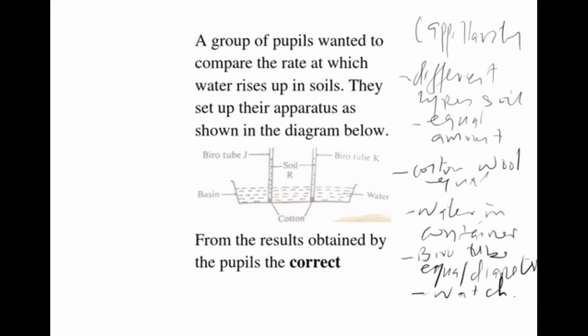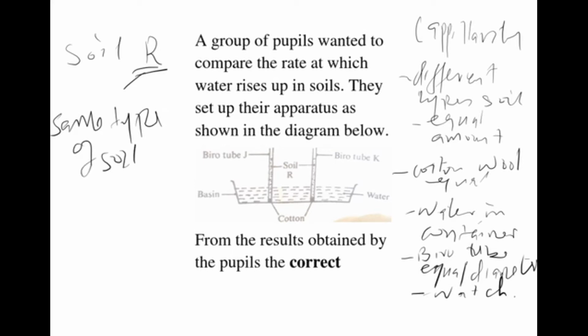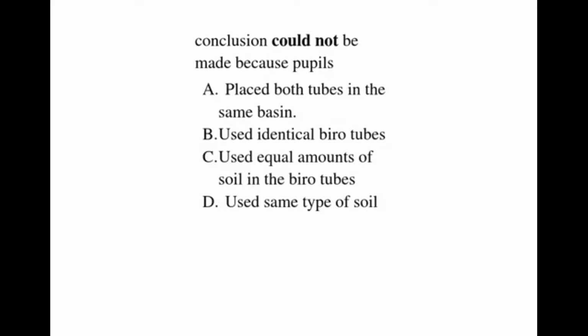Therefore, looking at the experiment that the pupils performed, one mistake that they made was that they used soil R. Soil R means that it's the same type of soil. So there was nothing that they could compare since the soil was the same. So the mistake that they made was that they used the same type of soil.